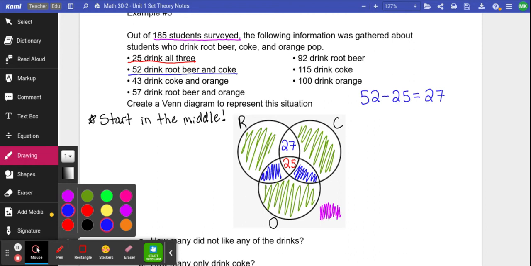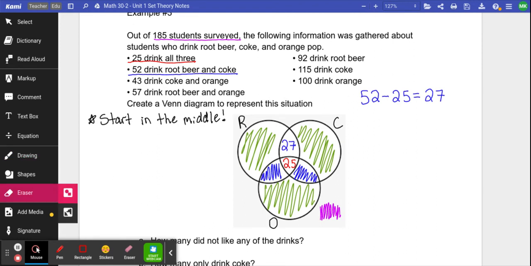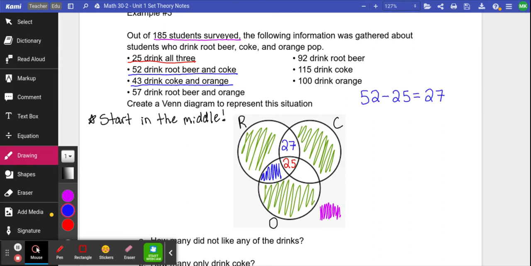So the next 2 blue regions are Coke and orange. So that region right there that I just erased. In my data, it says 43 drink Coke and orange. Right, but we already counted 25 of them in the very center. So 25 of those 43 also drink root beer.